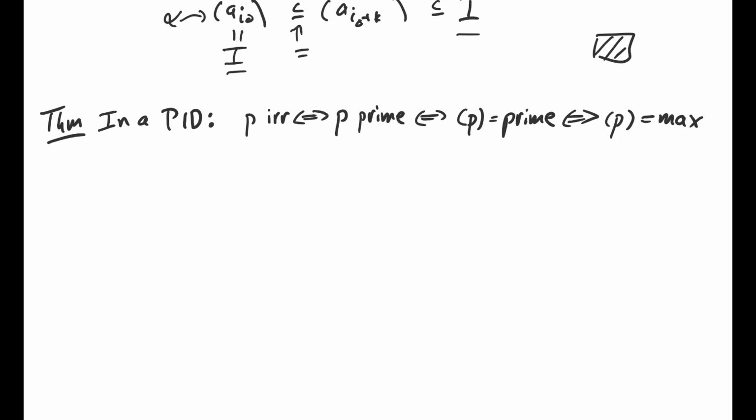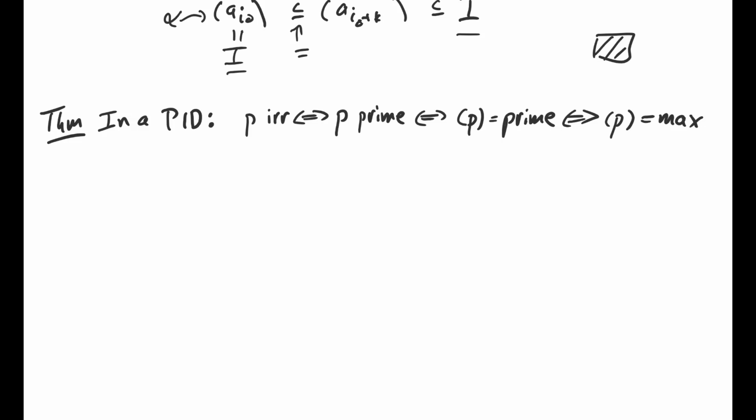In a PID, all these different categories are the same. An element P is irreducible if and only if P is prime. We actually know this one works for UFDs, so that's less than what you need as a PID. And then an element P is prime if and only if the ideal generated by P is prime. That's actually the definition, so that one's always true.